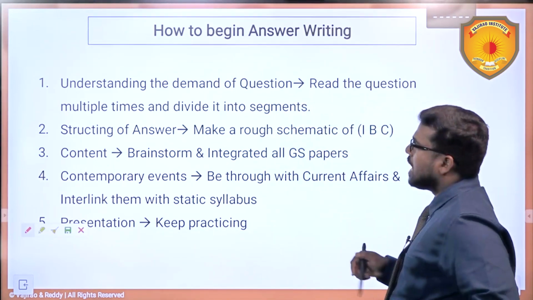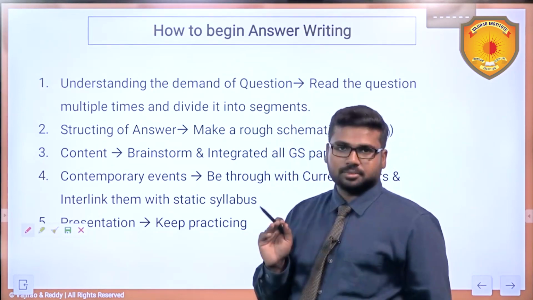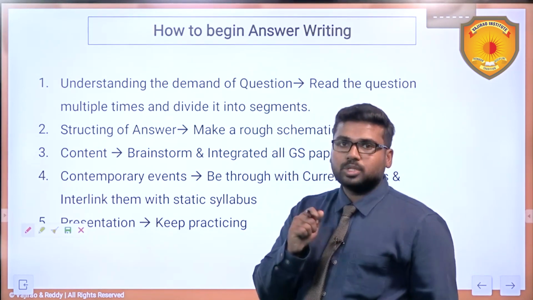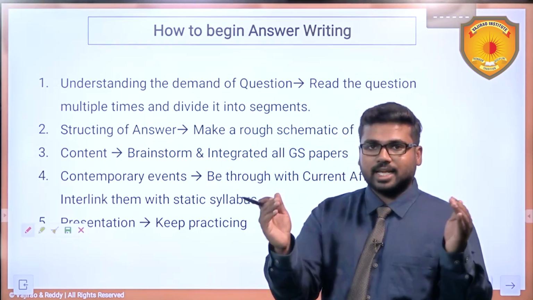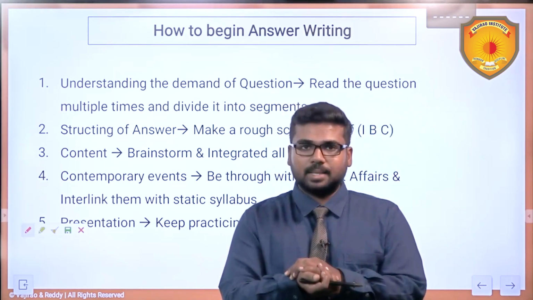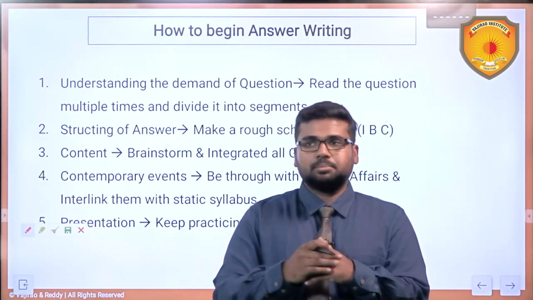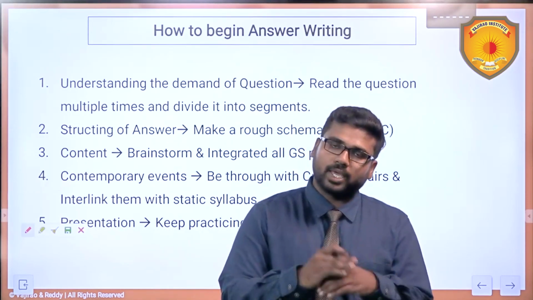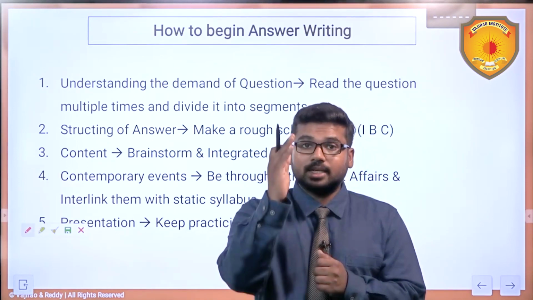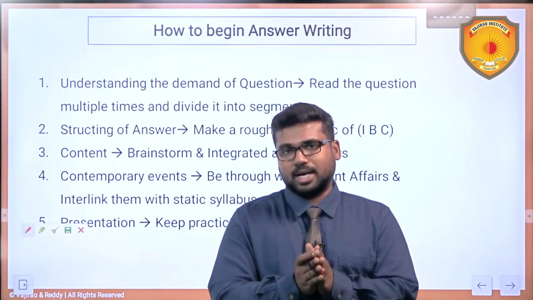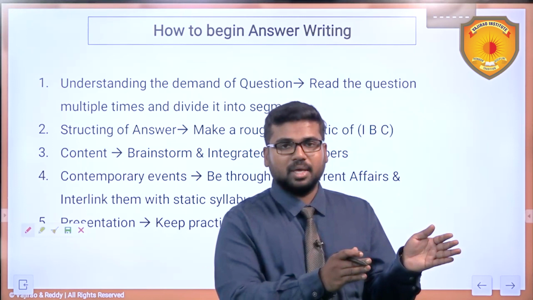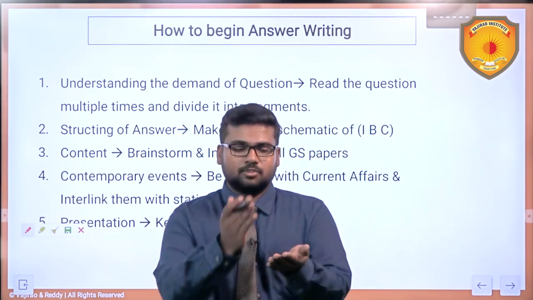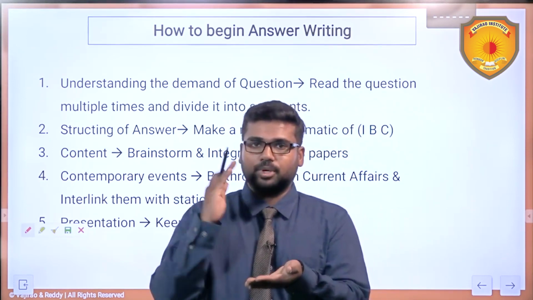First and foremost, understanding the demand of the question. So how do we do that? First and foremost, take the question, read it multiple times during the practice time, not in the actual examination, but practice time. It is learning, right? So you can read it multiple times and decode it, break it into parts. Like one question may be having 2-3 components. First, break it into different components.